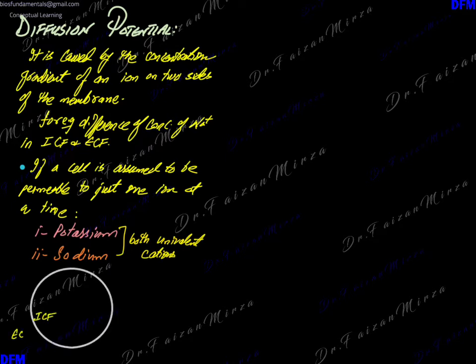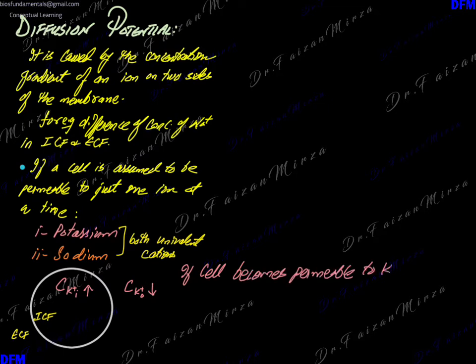Both are univalent cations, so we know that the concentration of potassium inside the cell is higher. C is for concentration, I is for inside, so the concentration of potassium inside is higher, whereas the concentration of potassium outside, O for outside, is lower. ICF and ECF are separated by the cell membrane.